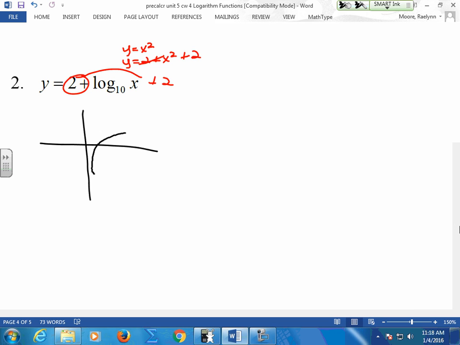Here's my log. Here's my domain. Started exactly the same as we did before. Here's my x-intercept. Here's my asymptote. So now, I'm actually shifting this 2 units up. I'm moving this guy up 2.